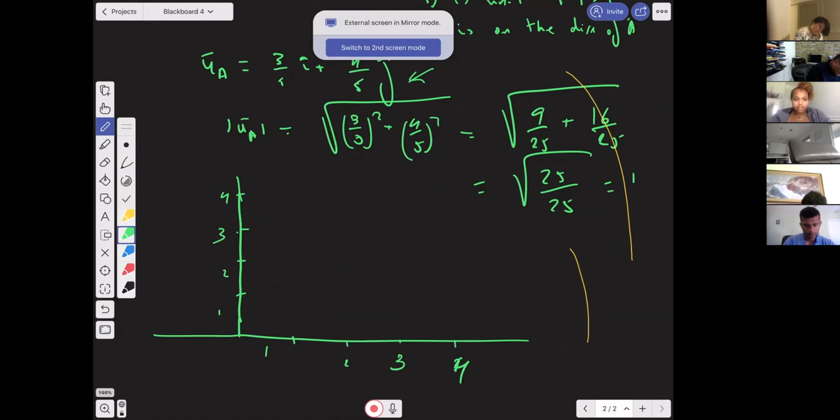What is the vector A? It is 3i plus 4j. Yes, 3i plus 4j. This is the vector A. So I have to check that this vector u sub A is here.